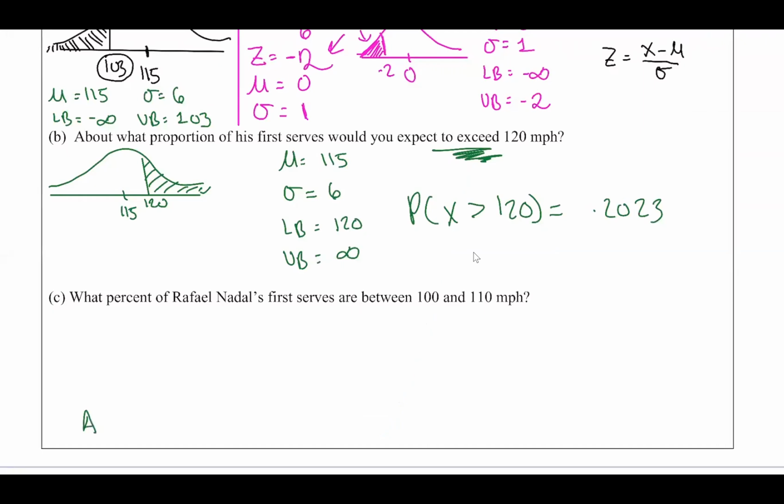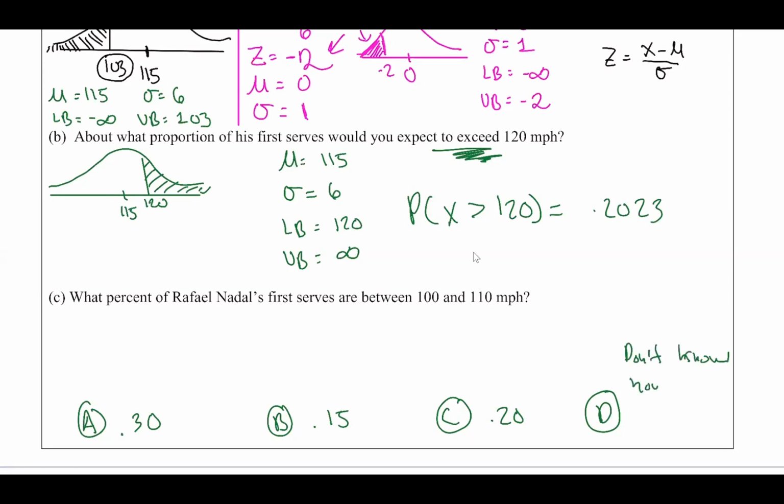So we'll say A, B, C, D. Those are your 4 options.